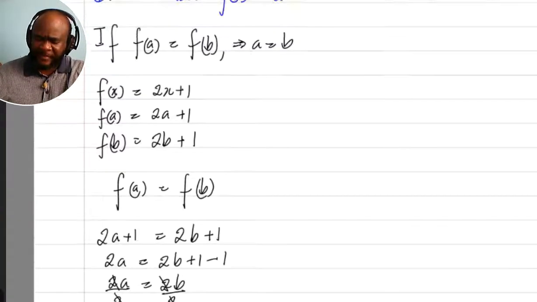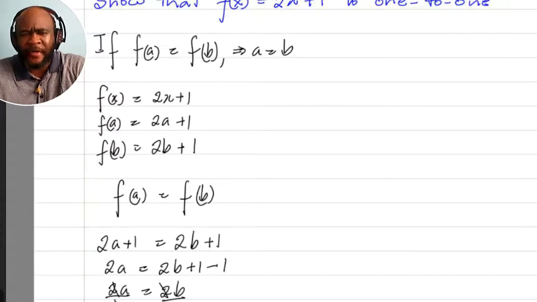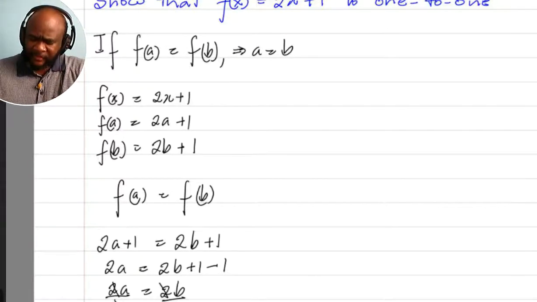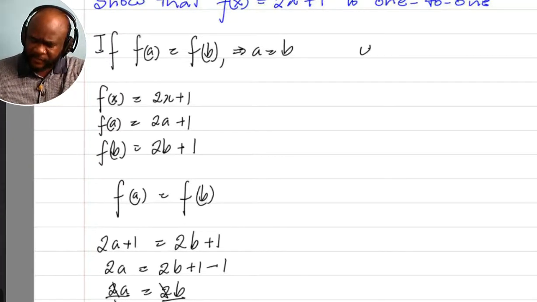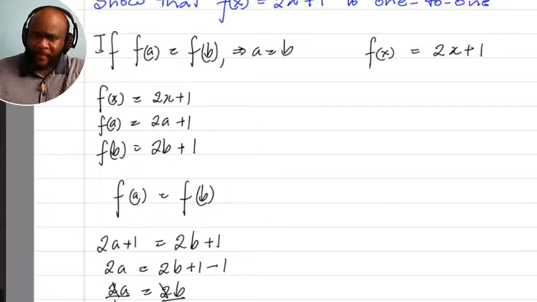All right, let's have a look at method 2. Method 2 says that we have to draw a sketch of the graph. And when we draw a sketch of the graph, every horizontal line that we can draw through the graph must cut the graph only once. So f of x, this is method 2, is equal to 2x plus 1.